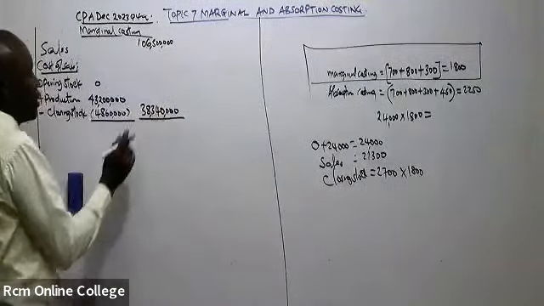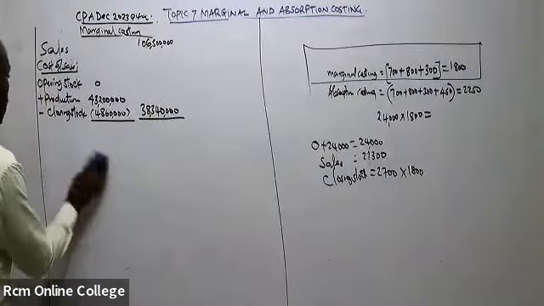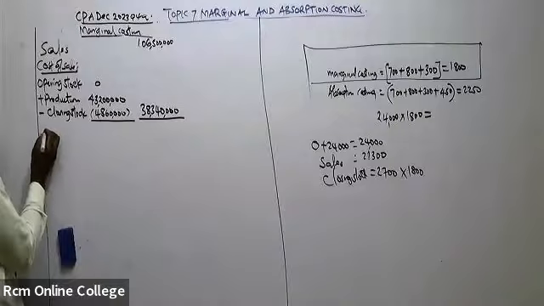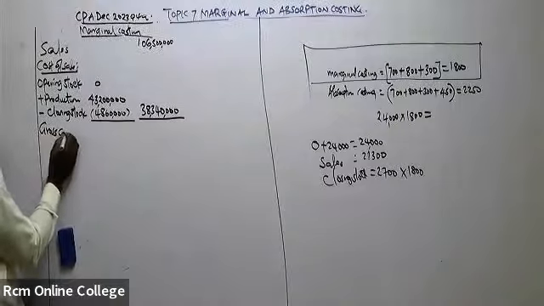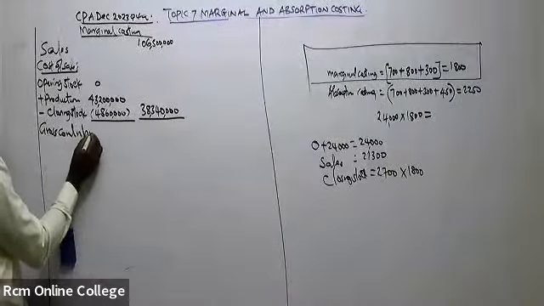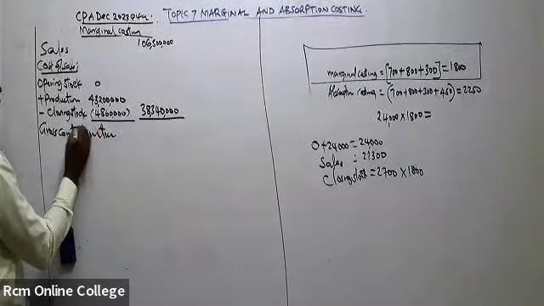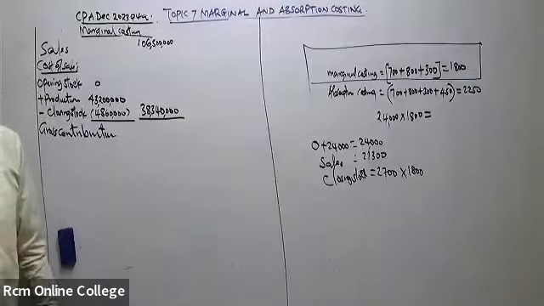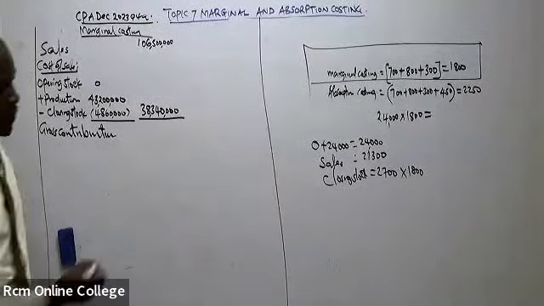So can we get our contribution margin or gross contribution? Can we get our gross contribution? 68,160.